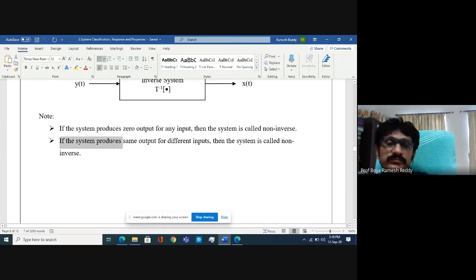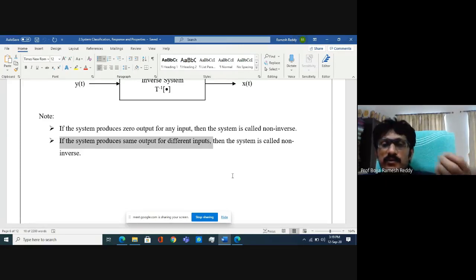Another condition is if the system produces the same output for different inputs. Suppose we give some input x1 of n and observe the output. Then give some other input x2 of n. The input changes from x1 of n to x2 of n, but on the output side, the output is constant, the same output for two different inputs.